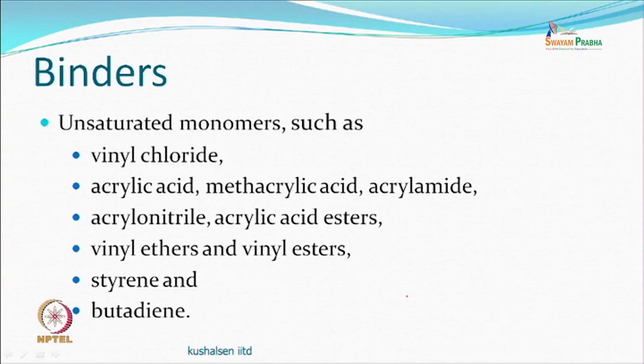So some of the monomers that are used for making binders are vinyl chloride, okay, so unsaturated acrylic based, acrylonitrile based, and vinyl ether, styrene, butadiene. These kind of monomers can be used along with each other or otherwise to get to some binder which will give a relatively softer film.